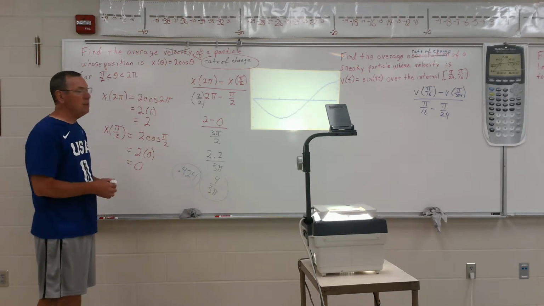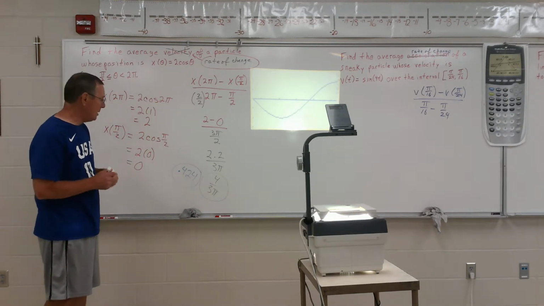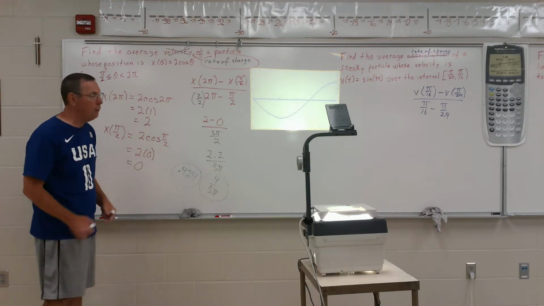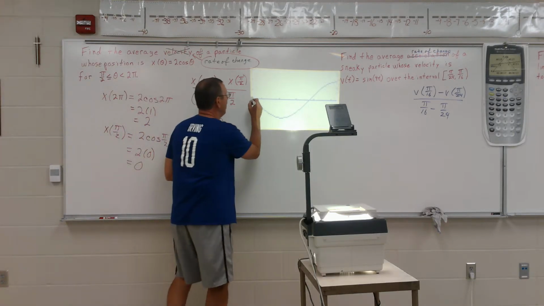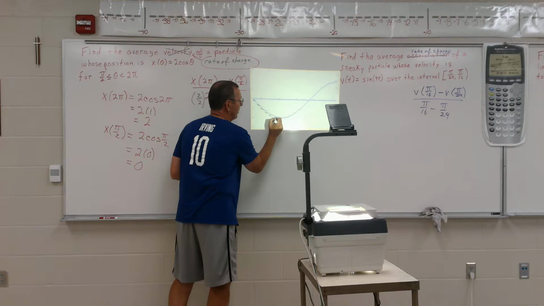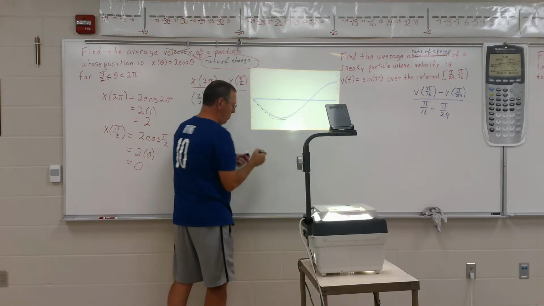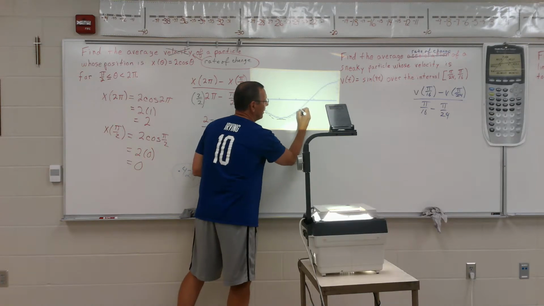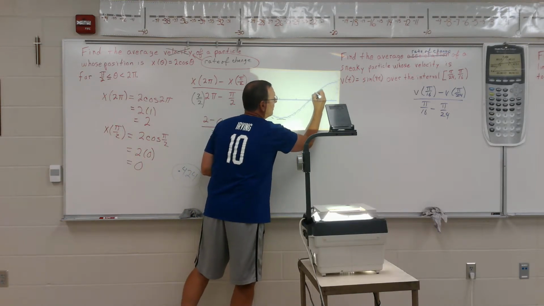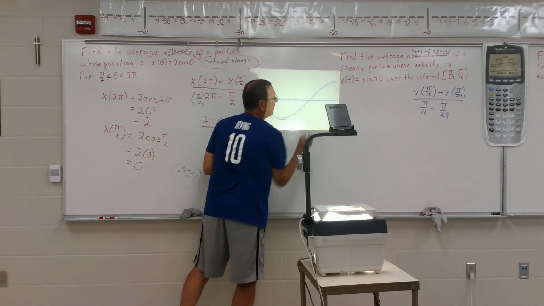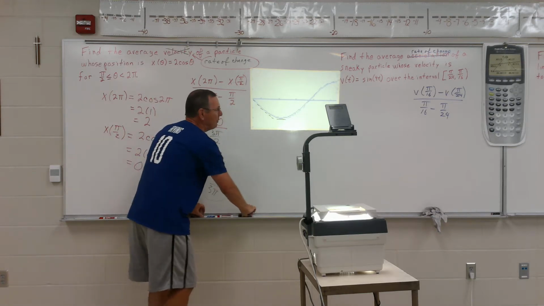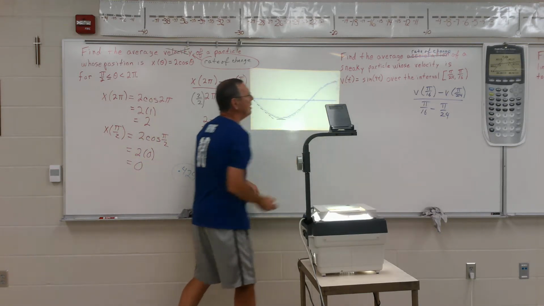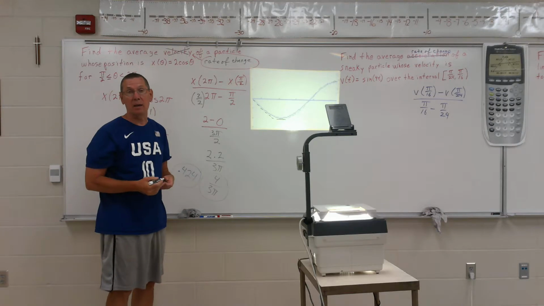We found the average velocity, which is the average slope, is a positive 0.424. Here we have a whole bunch of positive slopes. Here would be a slope of 0. On this other side, we have a bunch of negative slopes. And at the end point, we might have another slope of 0. But I see way more positive slopes than negative slopes.